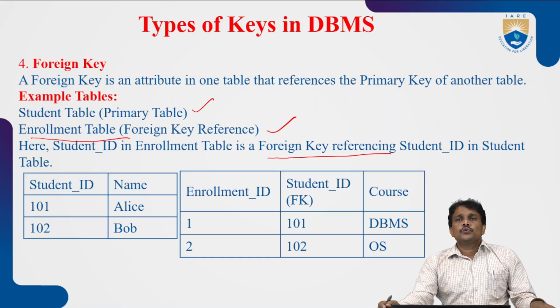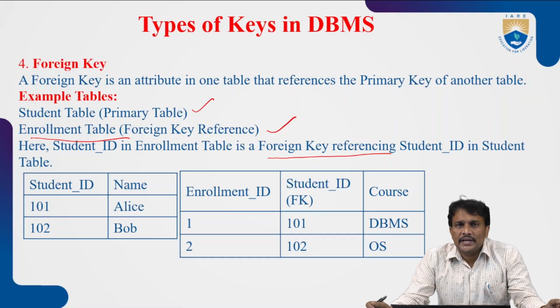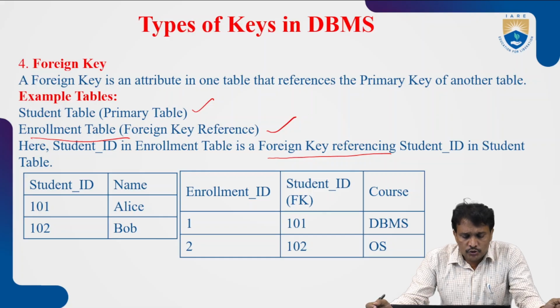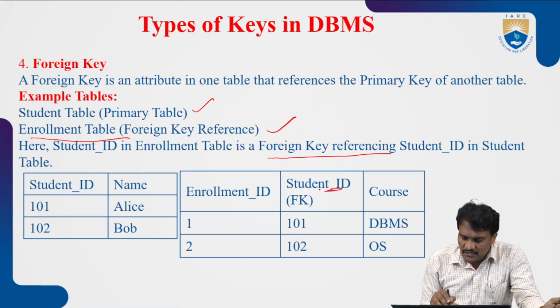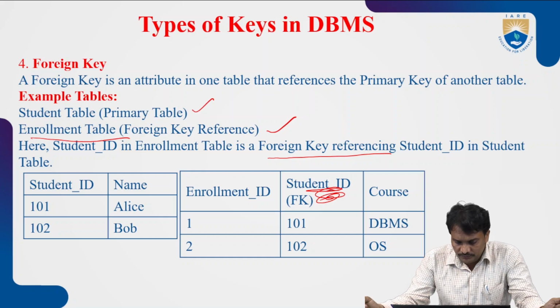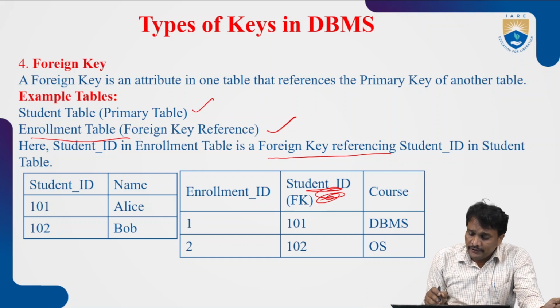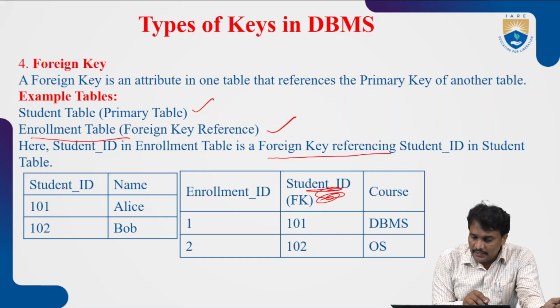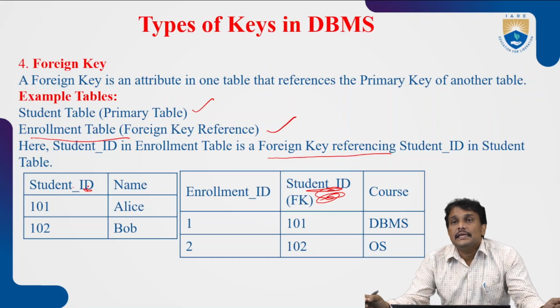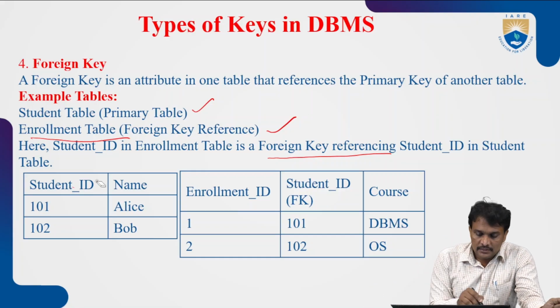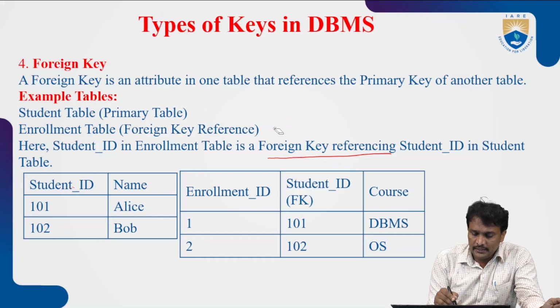The student table consists of student ID and name. The enrollment table consists of enrollment ID, student ID, and course. So the student ID in the enrollment table is a foreign key referencing the student ID in table one, which is a primary key. So this is nothing but the foreign key.